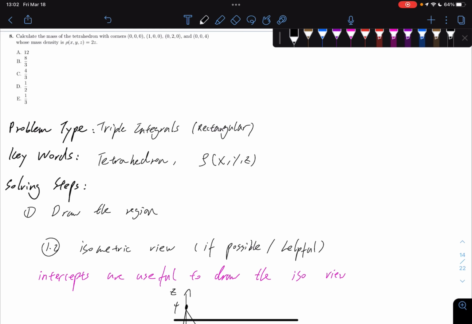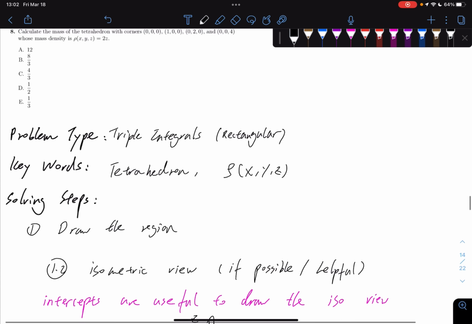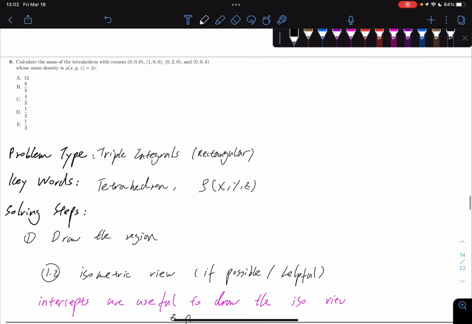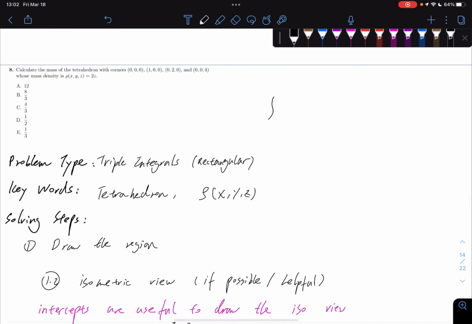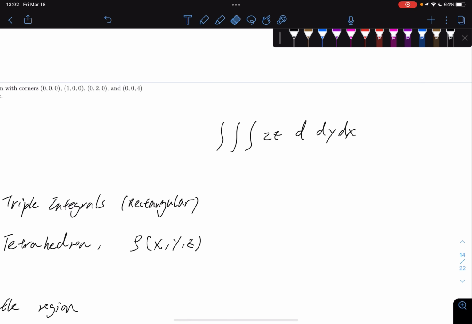But this is a big mistake here, because let's pay attention to the integrand that we're integrating, right? So for example, our triple integral is 2z dz dy dx, right? So I think this is what most people would start integrating with.